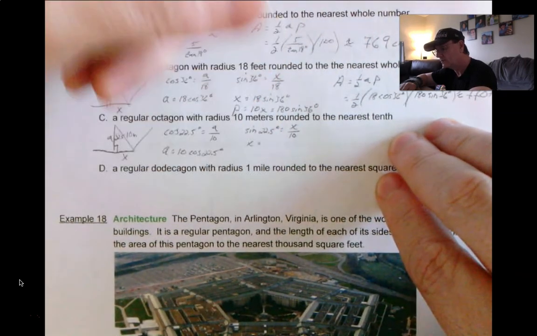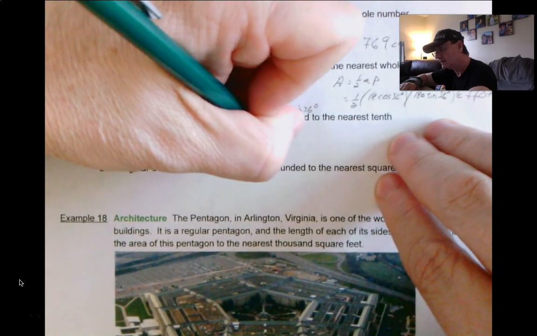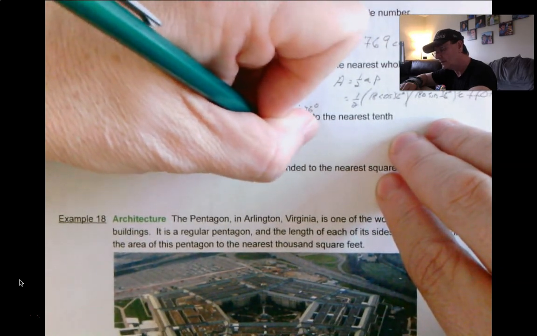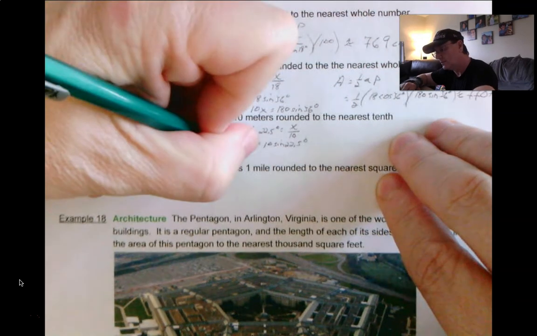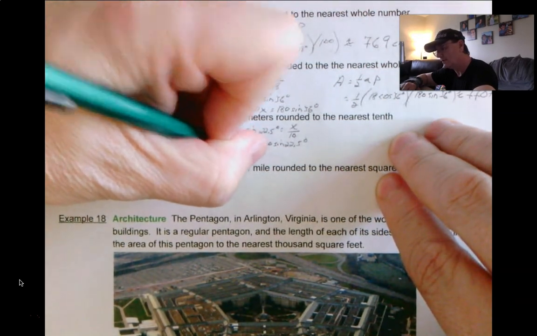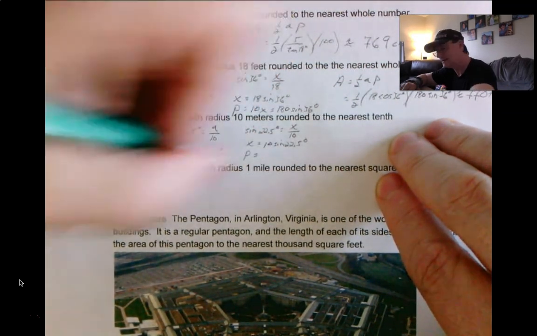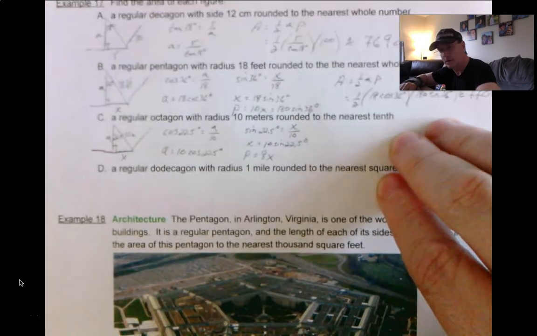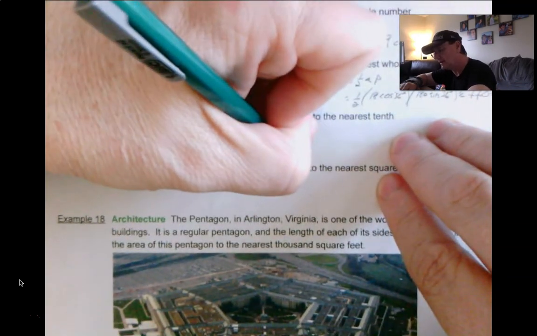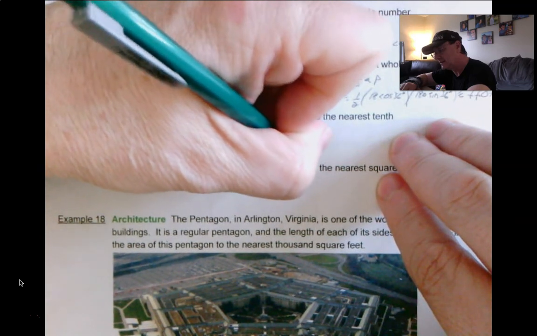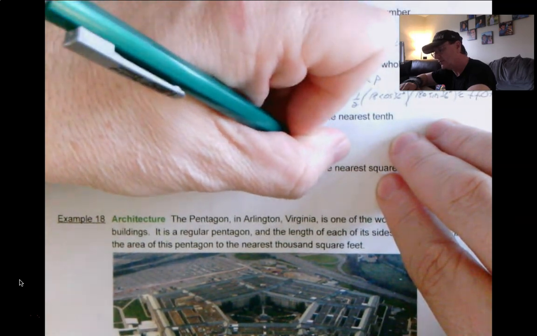X equals 10 sine 22.5 degrees. And the perimeter is equal to 8x, octagon, 8x, which equals 80 sine 22.5 degrees.